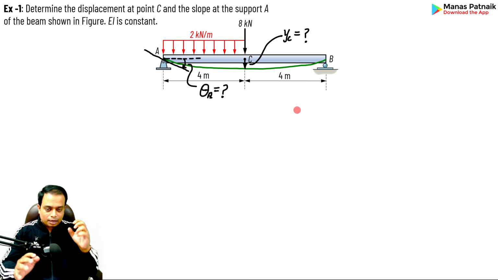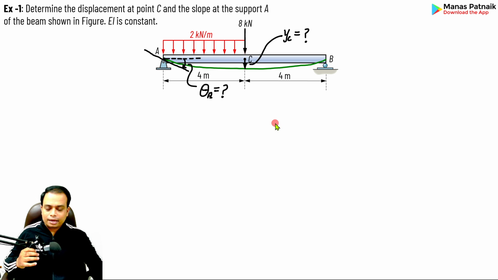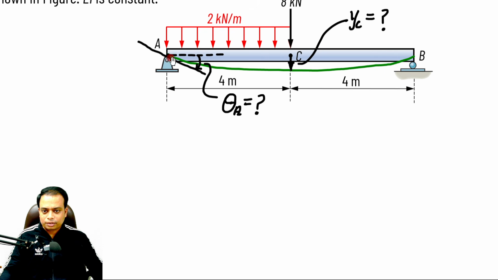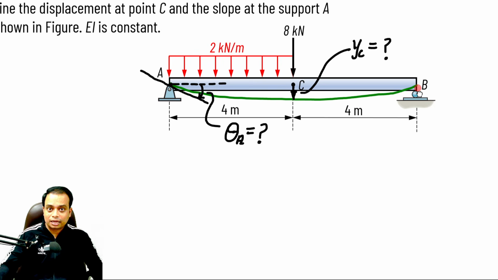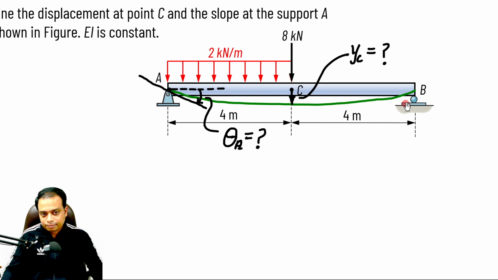Okay, now students, I want you to notice this is the slope that I wish to work out, theta A, the angle that the tangent makes with the horizontal at this very point on the elastic curve. That's slope at A. Secondly, there is this deflection or downward displacement, you can say. Okay, that's YC.